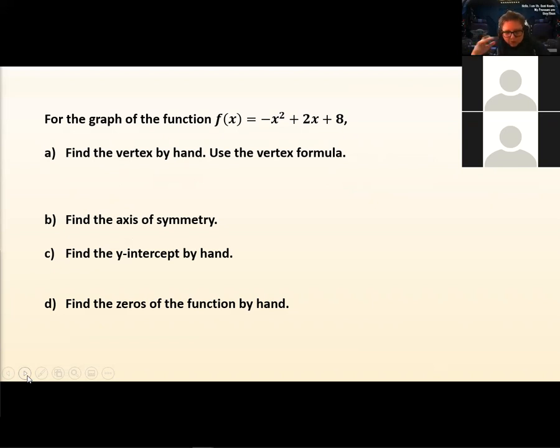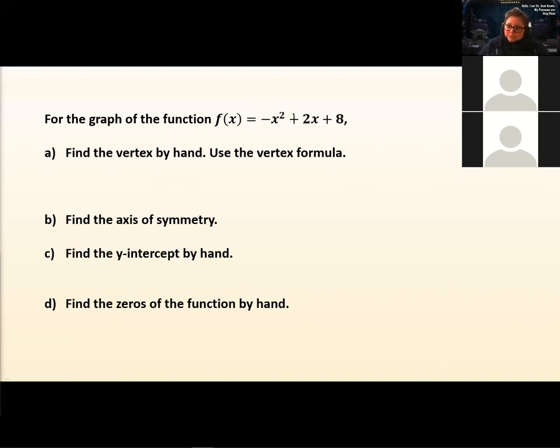And you can solve all of this stuff with a graphing calculator. Absolutely. And it's a lot quicker too. But it's also good to know how to do it by hand, especially if you don't have access to a graphing calculator, or you're just asked to do it by hand.